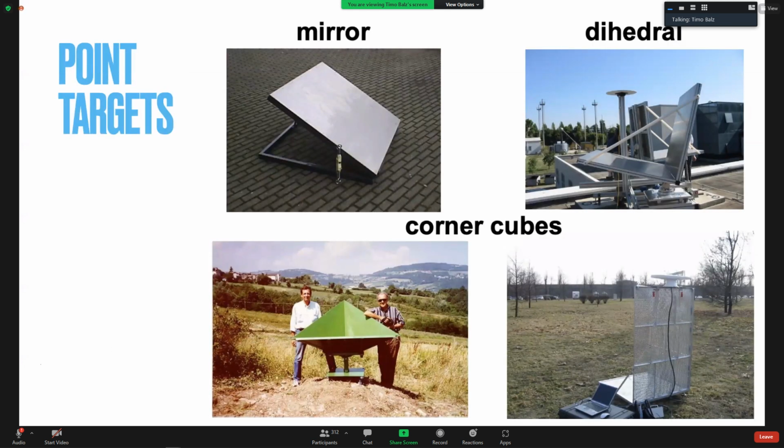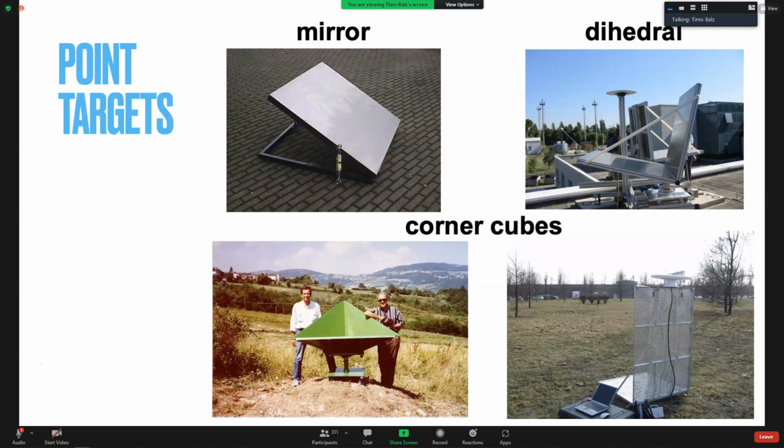However, if you find point targets, and point targets can be artificial targets or naturally strong scatterers, that are very strong and dominate the scattering in one pixel, say we have such a corner cube in that pixel, the backscattering from the corner cube will be so strong that nothing else in that pixel matters anymore. It is dominating that. In that case, we don't have speckle effect.